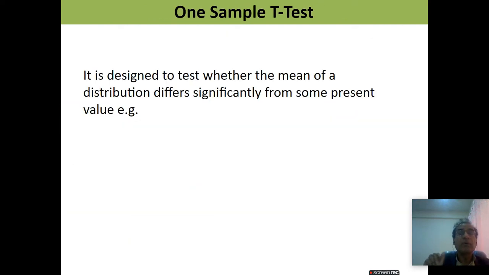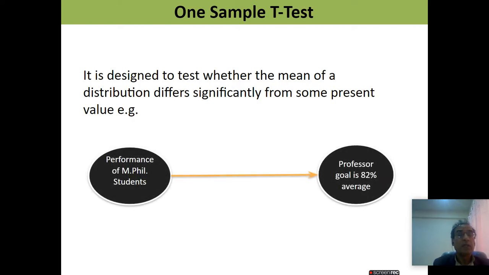The third type of test is one sample t-test. This test is designed to check whether the mean of a distribution differs significantly from one preset value. For example, the performance goal for MPhil students set by the professor is 82%. So let's say the teacher wants all students to get a mean of 82%, GPA 4.